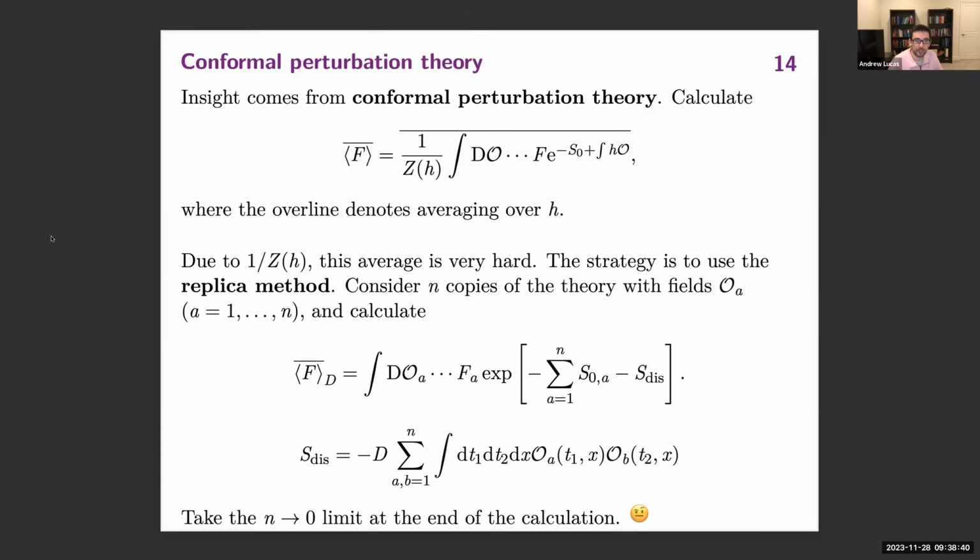This is very hard because the disorder average also has to average out the partition function, the path integral over the action itself. And there's a crude strategy to avoid this called the replica method, which tells you to think of n equals 0 copies of your theory. The copies are coupled essentially because they all see the same disorder profile.